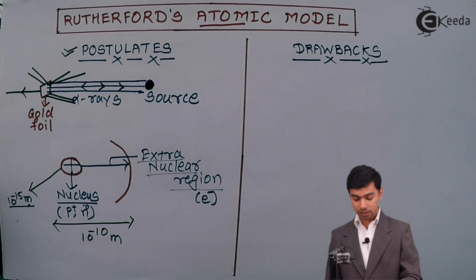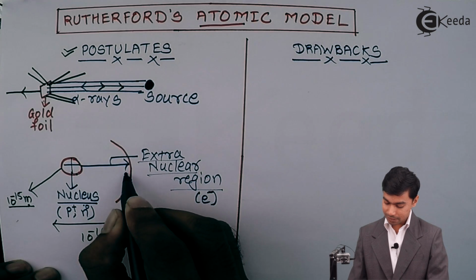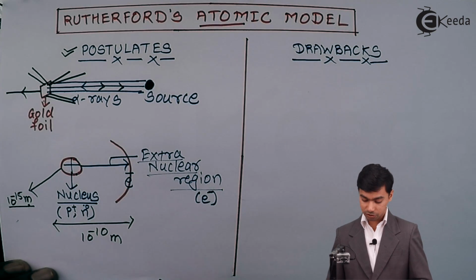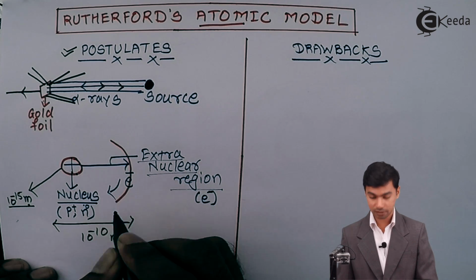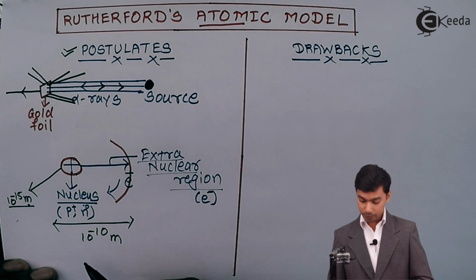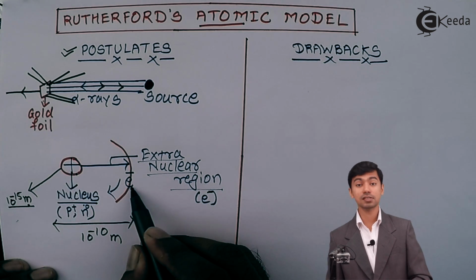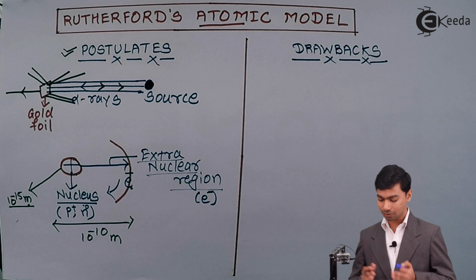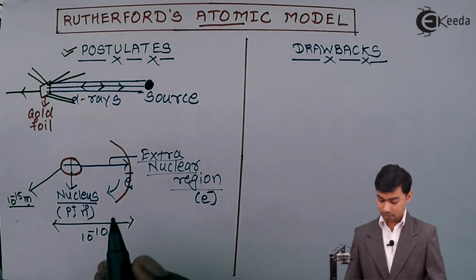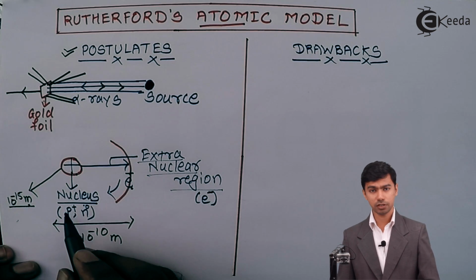He also assumed that these electrons present at the extranuclear region are continuously revolving around the nucleus. Why so? Because the nucleus is positively charged, whereas the electrons are negatively charged. Because of those opposite charges, they are attracted towards each other, and these electrons move continuously around the nucleus.